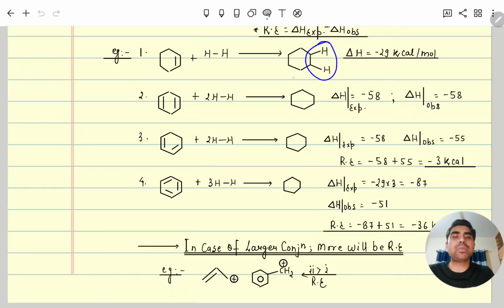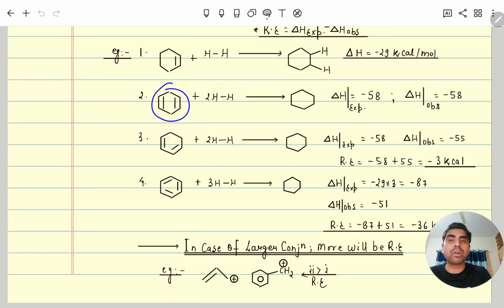Hydrogenation happens and energy is released, since we are breaking one pi bond and forming two sigma bonds. Sigma bonds are strong, so more energy is released. So the overall enthalpy will be minus 29 kilocalorie per mole.